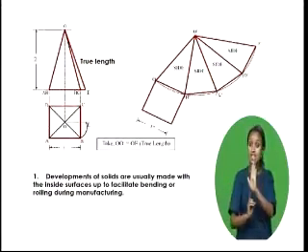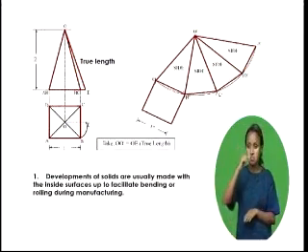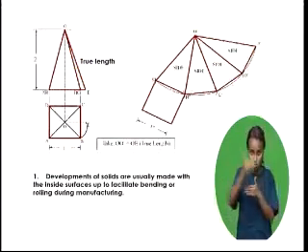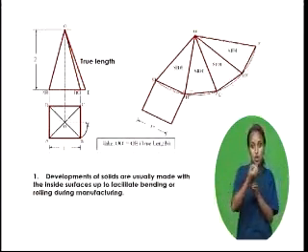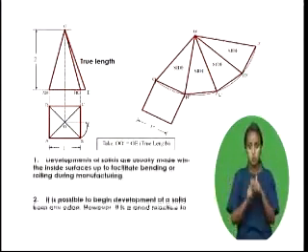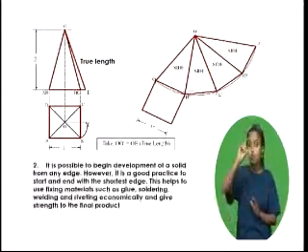Students, there are general rules that a drafter should observe during the development of surfaces. Next, we will discuss these rules in some detail. Development of solids are usually made with the inside surfaces up to facilitate bending or rolling during manufacturing. It's possible to begin development of a solid from any edge.